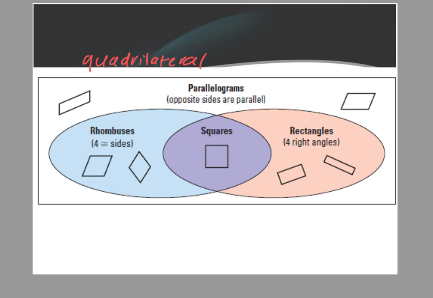If we then make it more specific and say it's a parallelogram with 4 congruent sides, that's the blue side, which is the rhombus. If we said it's a parallelogram with 4 right angles, that's the pink side, which is the rectangle, and then the cross between them is the square. So eventually we're going to learn some more properties about these, and you want to figure out what properties apply to what. So try to keep this visual in your head.